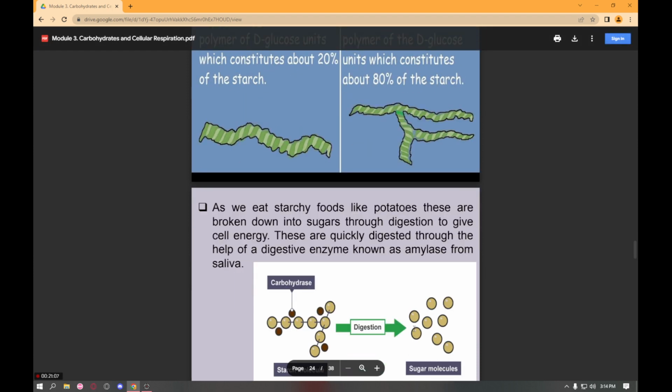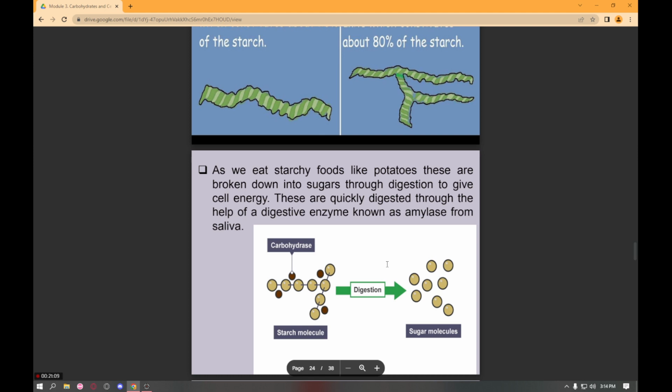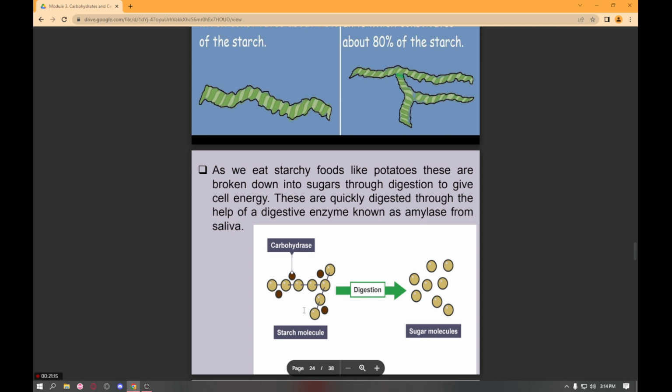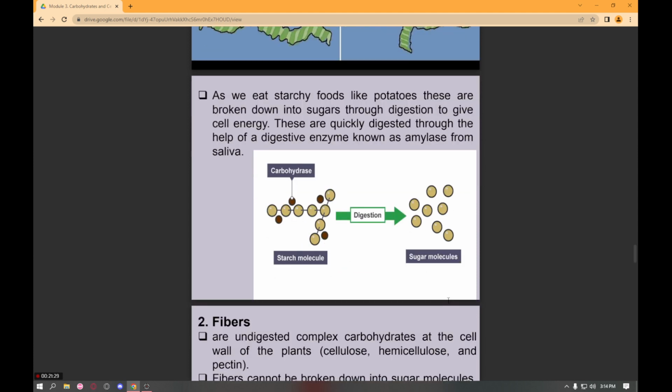So these are your starch molecules. Your starch is made up of long chains. This is a polysaccharide, and if it is digested, it produces sugar molecules. So your starches produce sugar molecules.